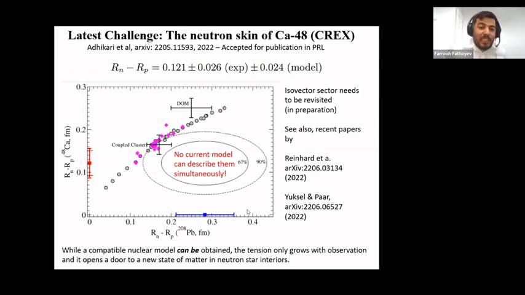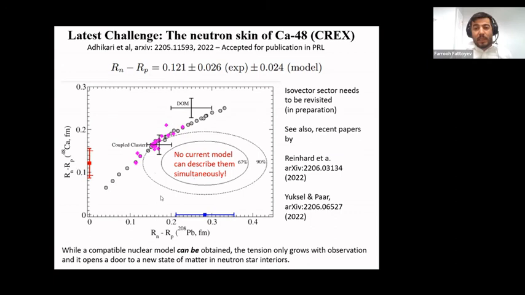But if you take it too large, then you get lead very well described, but not calcium. So perhaps we do not understand the isovector sector very well, and we would suggest that everyone, either non-relativistic or relativistic models, should try to expand their isovector sector, and we must revisit this sector to understand how the symmetry energy behaves at subsaturation density, so that we can get both of them accurately.